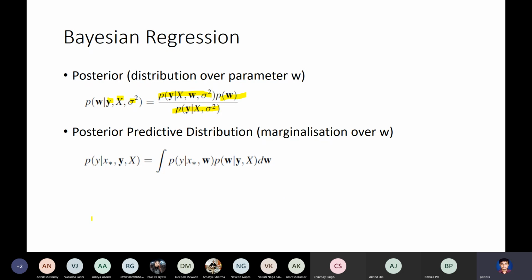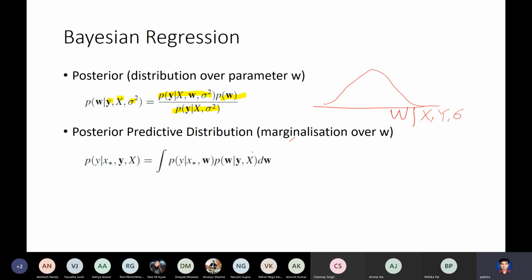And once you have found p(w | y, x, sigma square), you can find the posterior predictive distribution, PPD, just by marginalizing over all possible w. What you get here is a distribution over w given x, y and sigma.